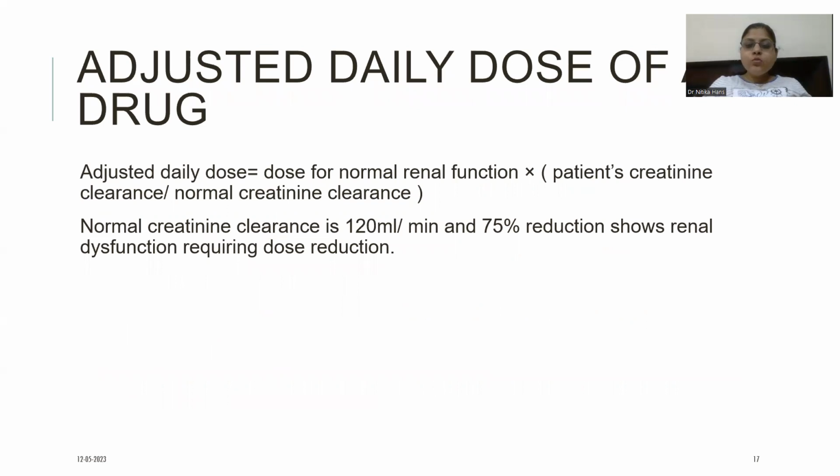Now, the adjusted daily dose is given by the dose for normal renal function multiplied by the patient's creatinine clearance over normal creatinine clearance.